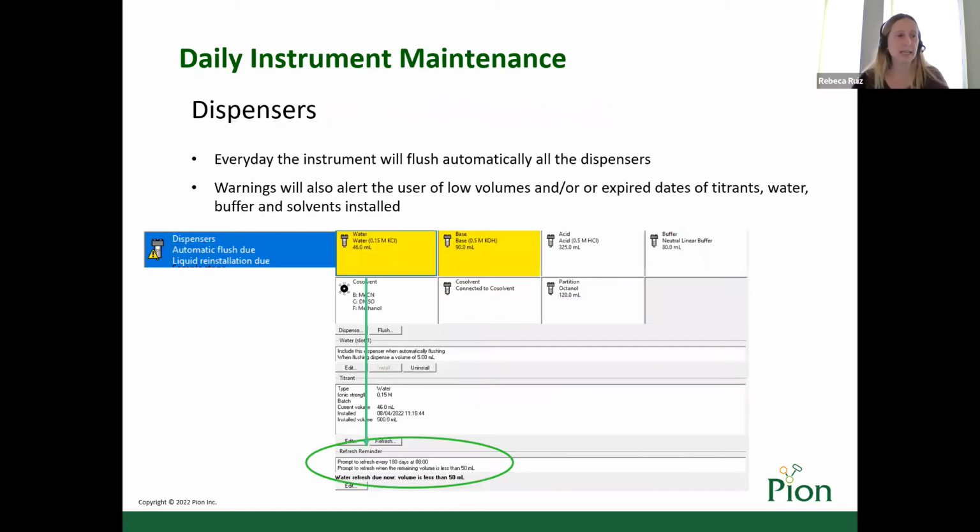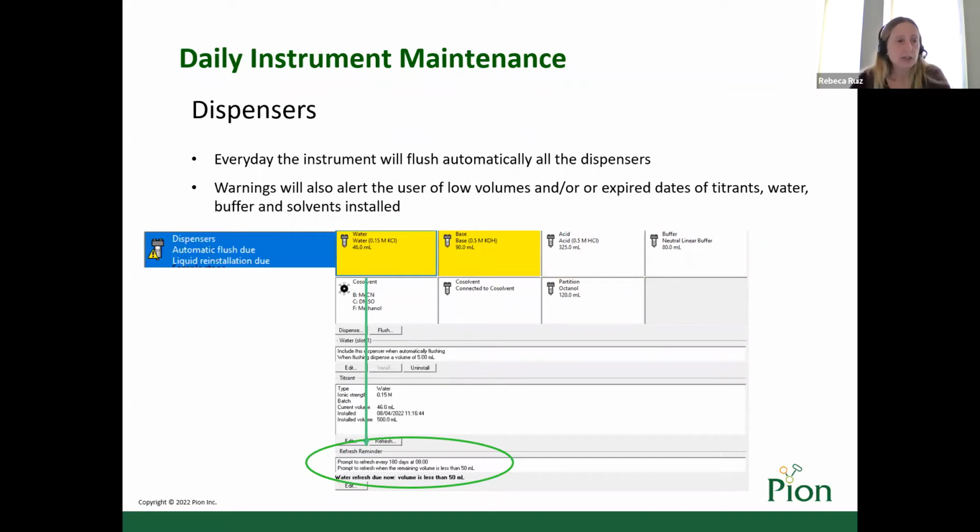So every day, the instrument will flash automatically all the dispensers. In this case, the flash wasn't done. The reason could be that maybe the instrument was closed down, or because the instrument was in use. In any of these cases, once the instrument is inactive for a period of time, the flash will be done automatically, or it can be done manually.